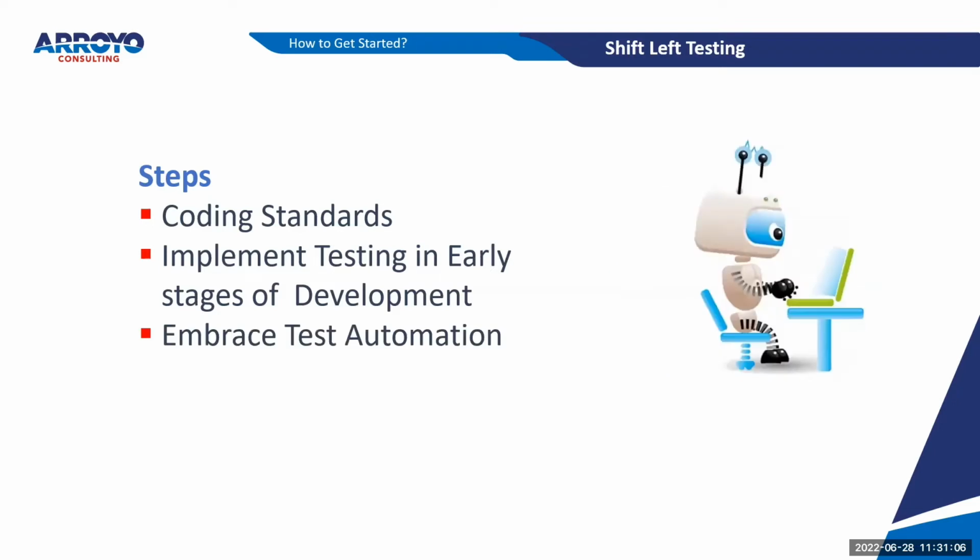And the third is to embrace test automation. This means that you think of testing as part of the development process, part of the delivery that you have to release, because testing is part of the code.